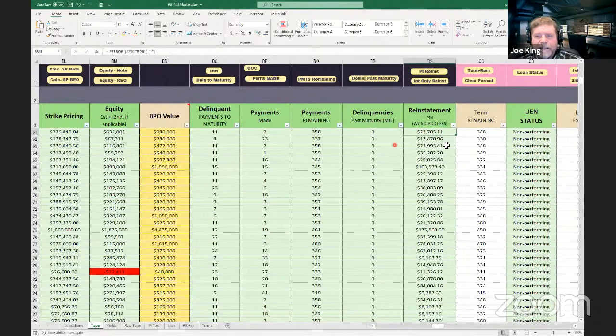That tells me that they're in a position to fully reinstate their loan, and probably then some, if there's any fees or taxes associated with that reinstatement amount.